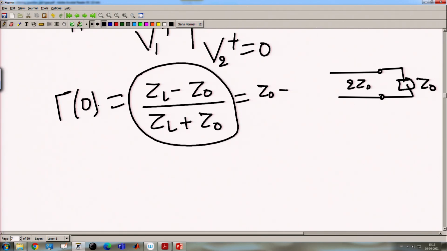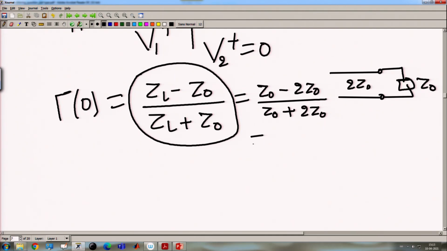So, here ZL will be Z naught and Z naught in the formula will be 2 Z naught: 2 Z naught divided by ZL plus 2 Z naught. Because Z naught is the characteristic impedance of the line, but here the characteristic impedance is 2 Z naught, that is why Z naught is replaced with 2 Z naught.